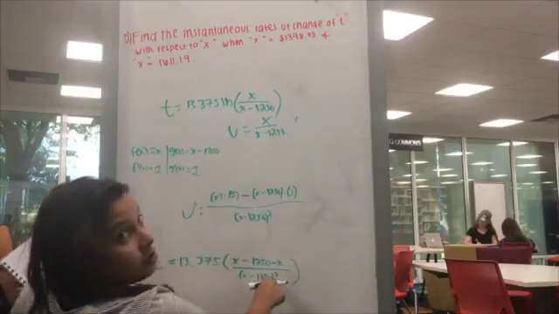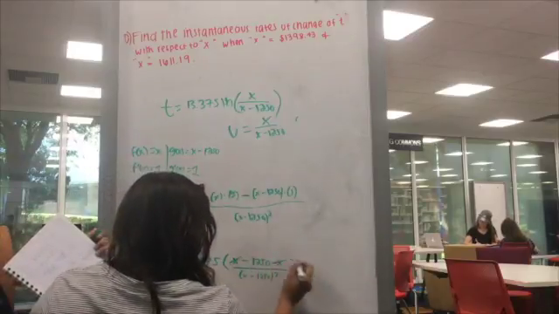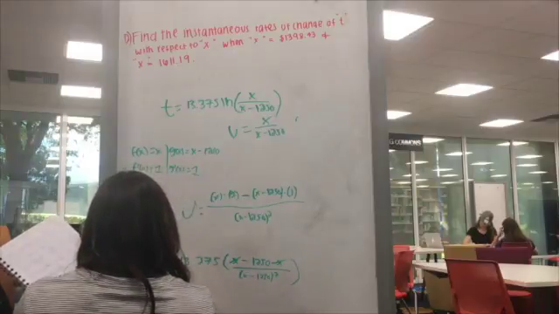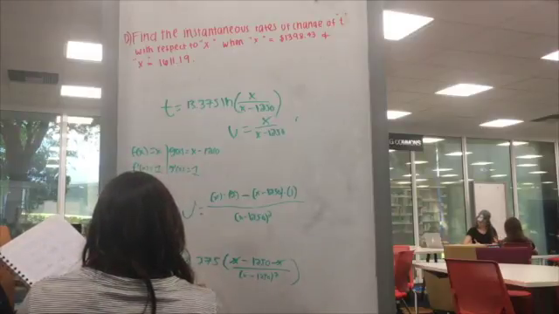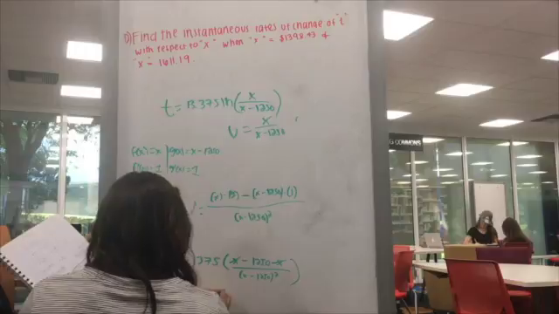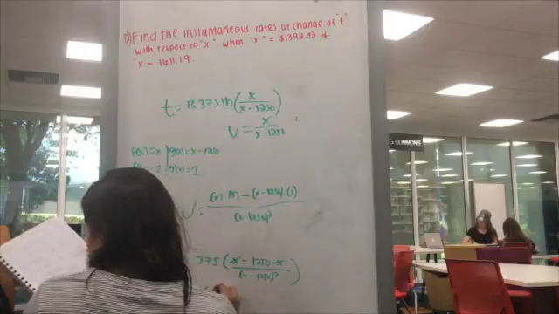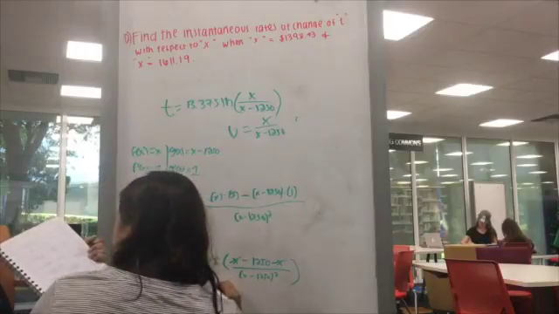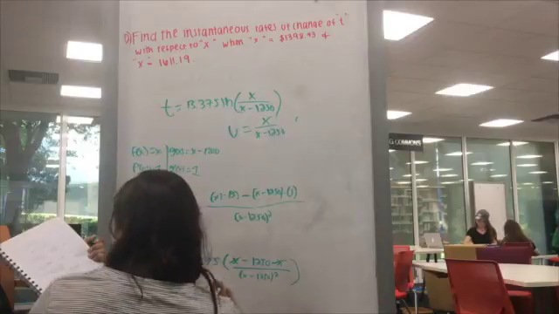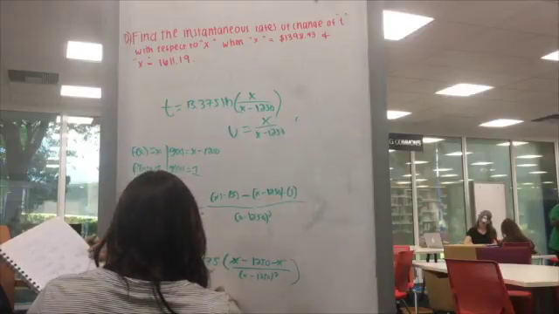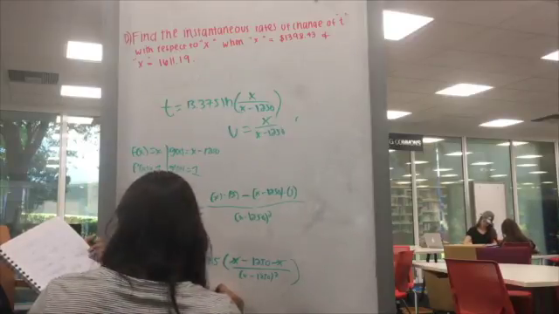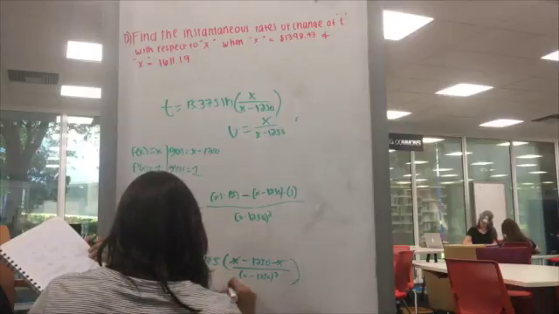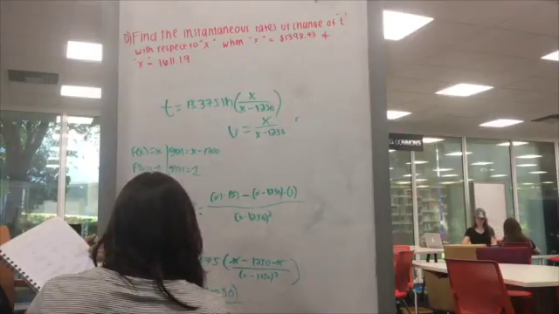The x cancels with the other x, so you cancel this with this, and then you have all over this.